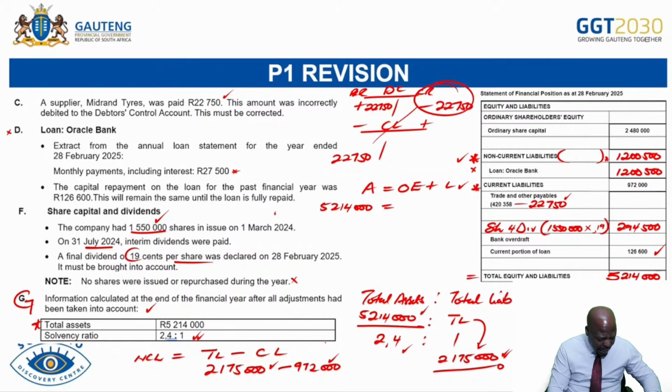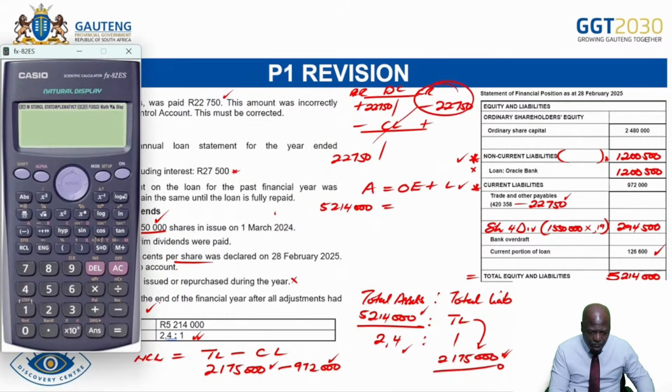Okay, let me go back again to my calculator and see what I could have done wrong. Okay, let's have the adding machine. So we have the 5,214,000, and we divide it by 2.4.